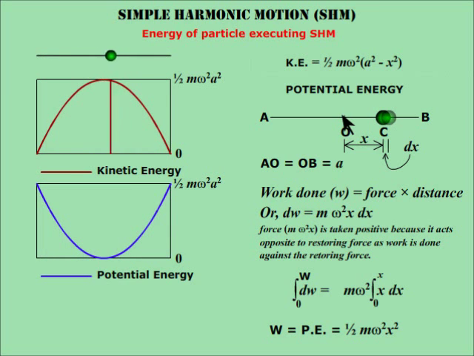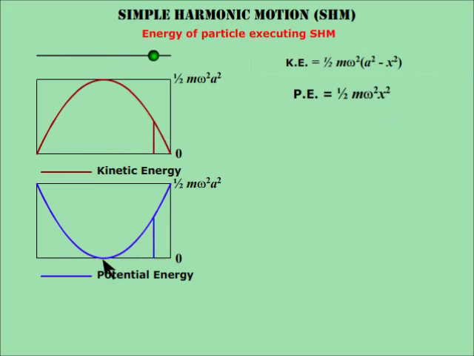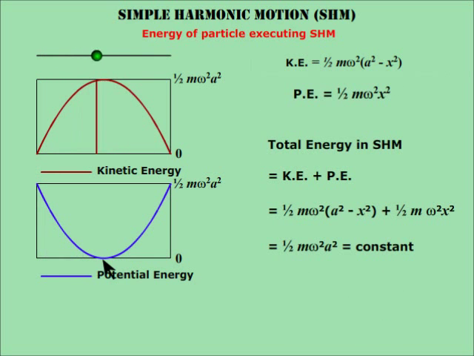Potential energy at point C is got by integrating this equation within limits 0 to x, and we get potential energy is equal to half m omega square x square. Potential energy is maximum at x equal to plus minus a and 0 at x equal to 0. We see that total energy is constant throughout.